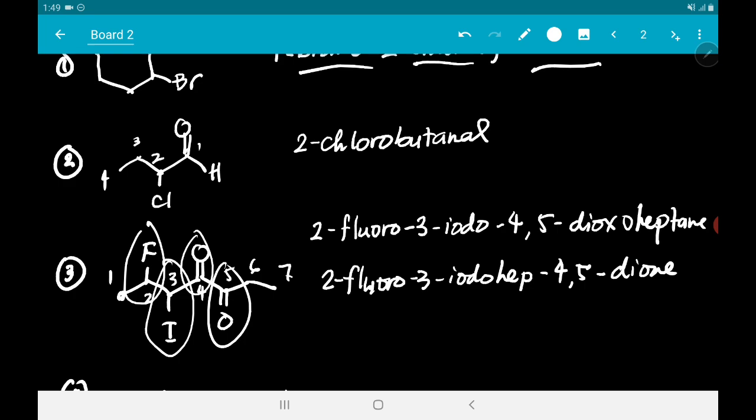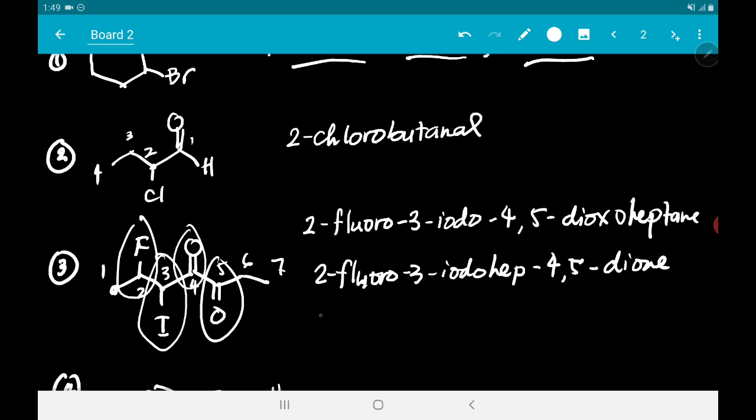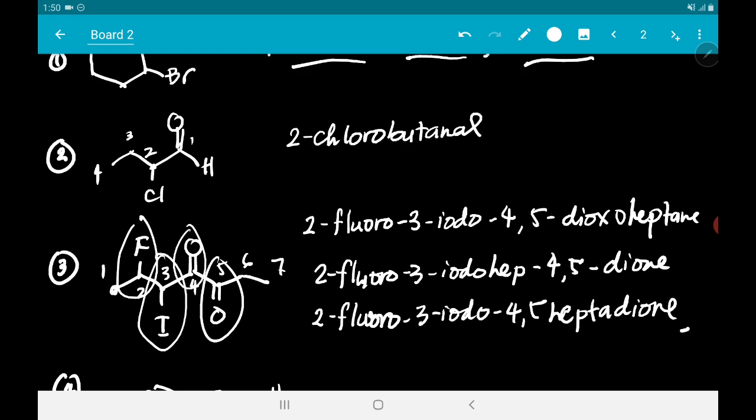Okay, or we can also use 2-fluoro, 3-iodo, 4,5-heptanedione because there are two ketones. So you can name this either way. Okay.